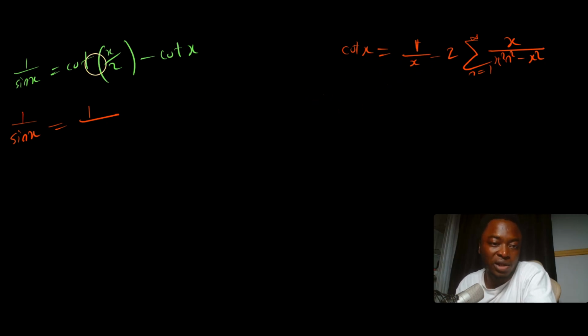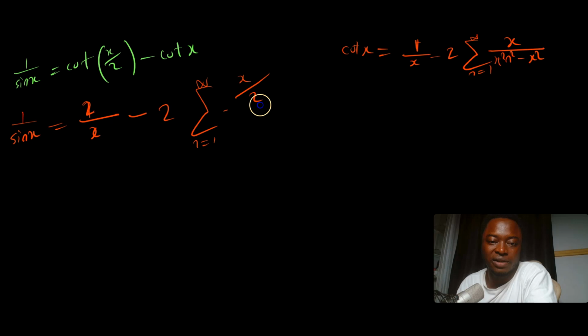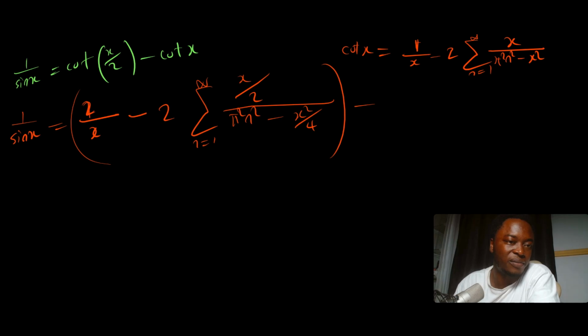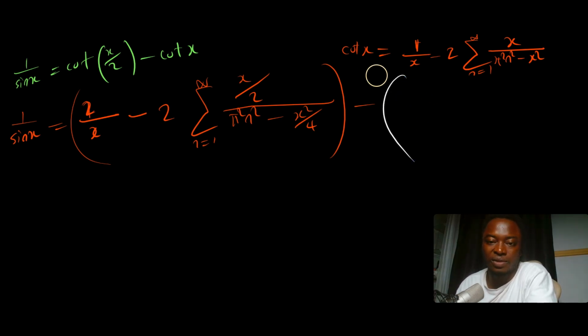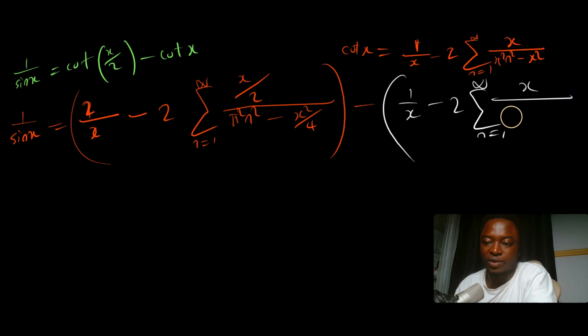First of all, you have a cotangent of x over 2, so you have an x over 2, so you have a 2 over x minus twice the sum as n runs from 1 to infinity of x over 2 divided by pi squared n squared minus x squared over 4, and we are going to subtract all of this from 1 over x minus twice the sum as n runs from 1 to infinity of x divided by pi squared n squared minus x squared.